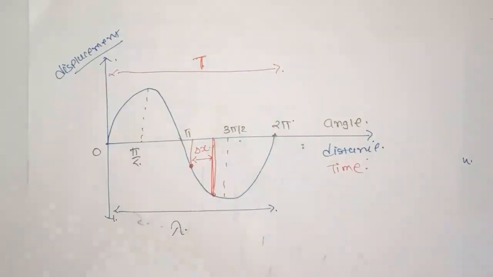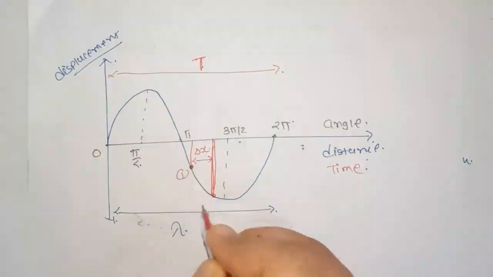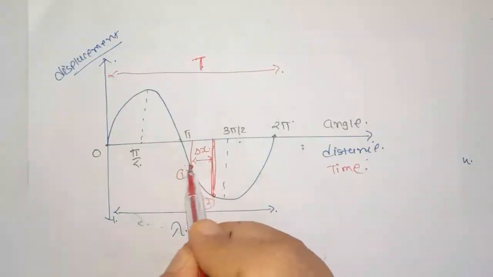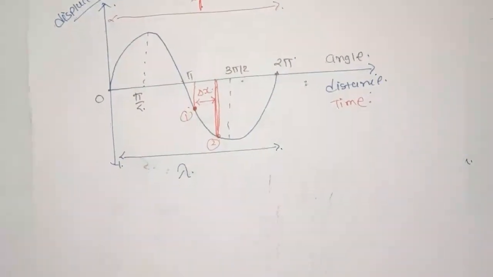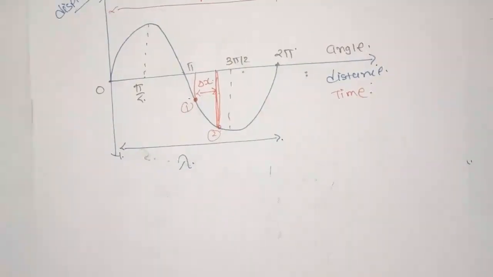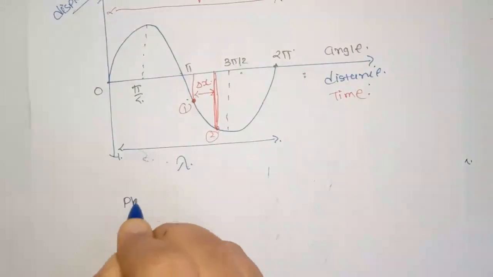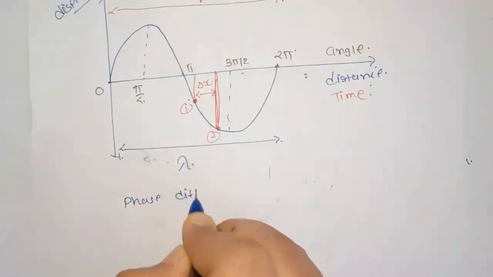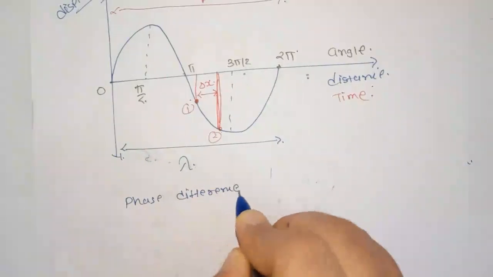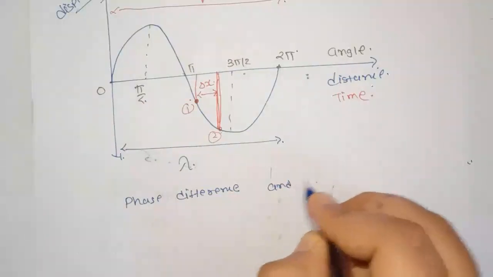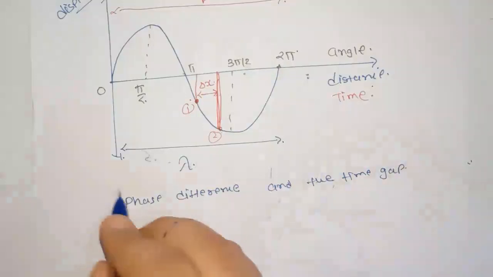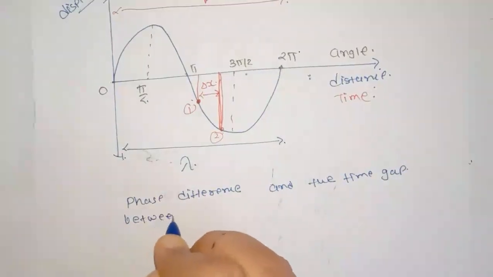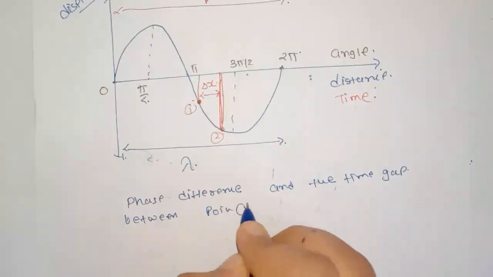Now let us consider 2 points having some path difference between them as delta x. We want to find the phase difference, that is angle difference, and the time gap between points 1 and 2.